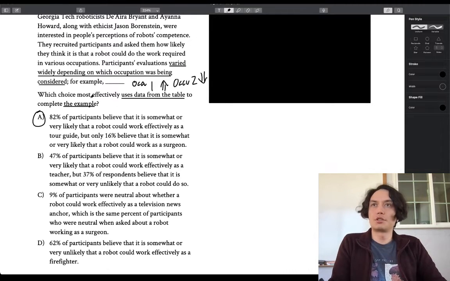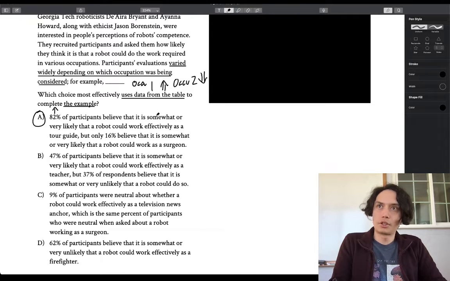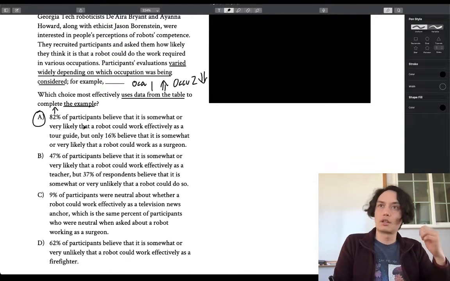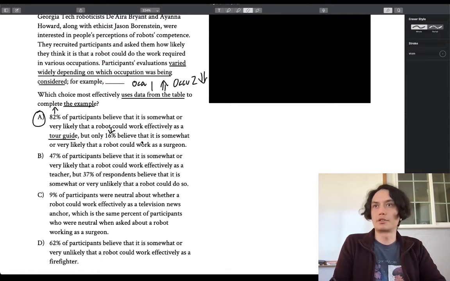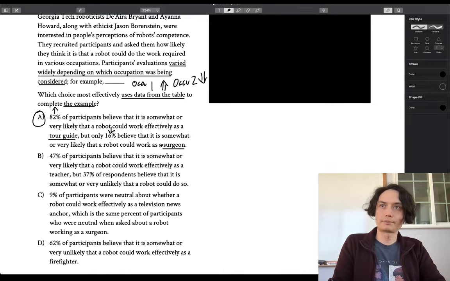Boom, that's right. And just to double check, a high number of people thought somewhat or very likely that robots could be tour guides, but only 16%, a very low number, believe that they could be surgeons. So that's just the right answer.